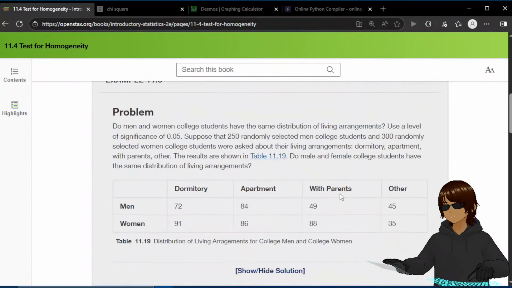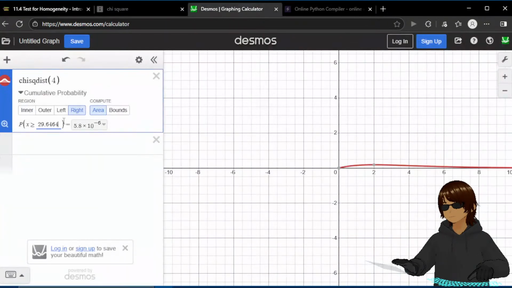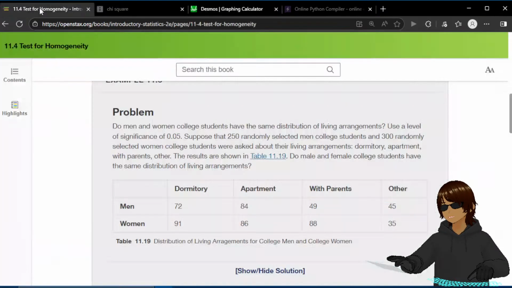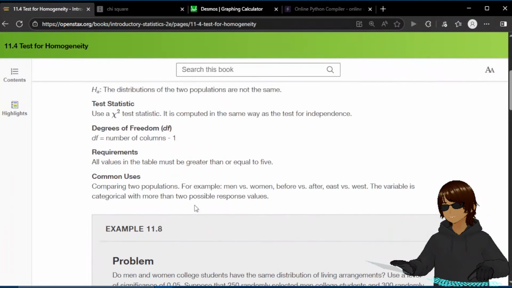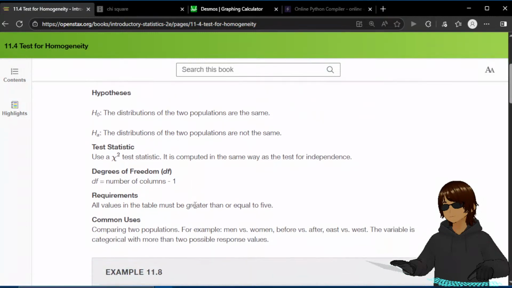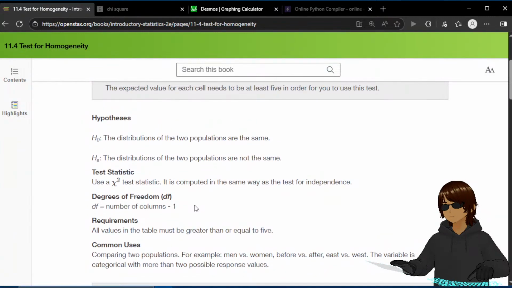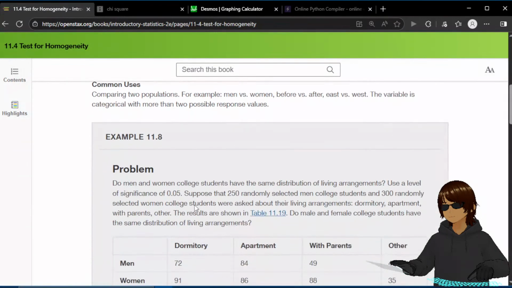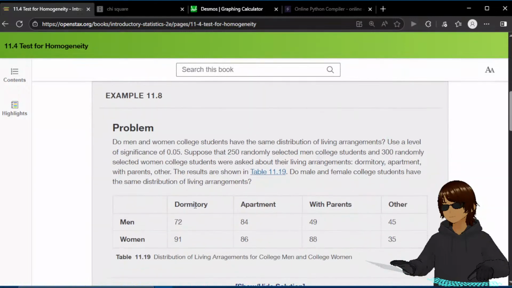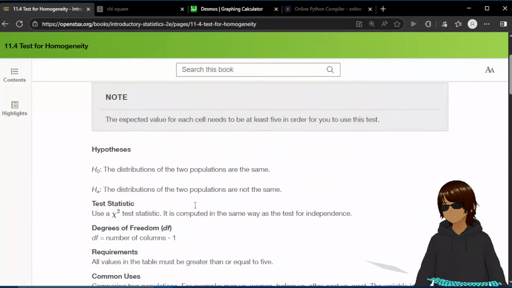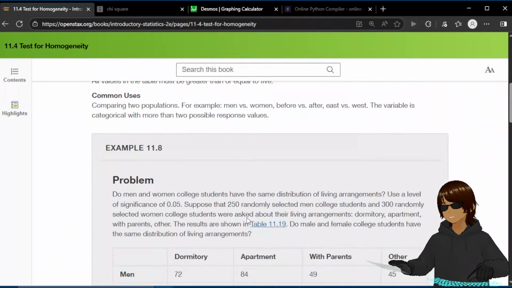So the degrees of freedom is 4 minus 1, 3. And this time we do 72. This time we are comparing, right? They say it's computed the same way.